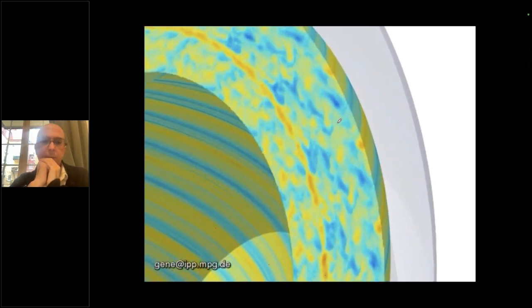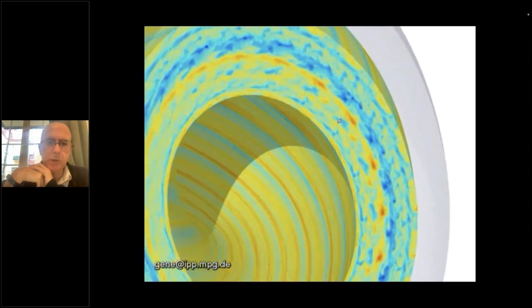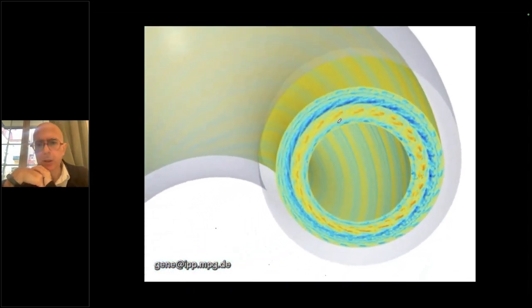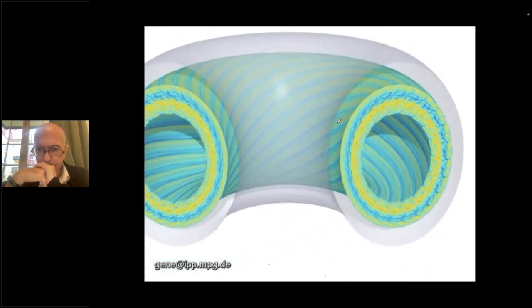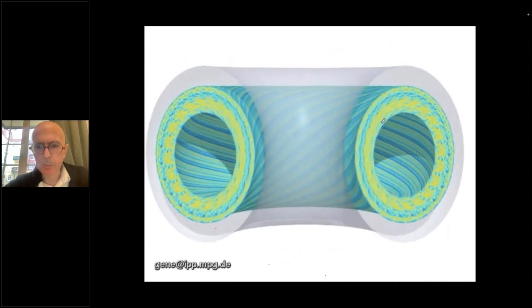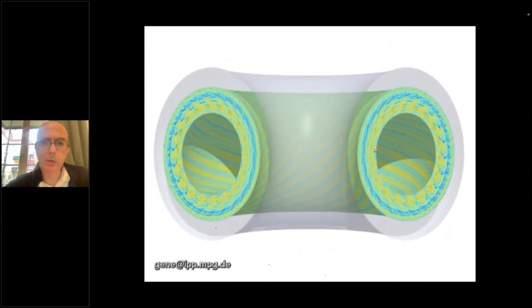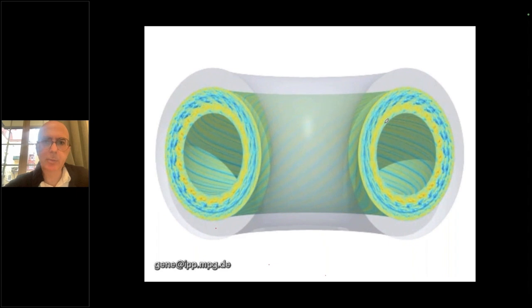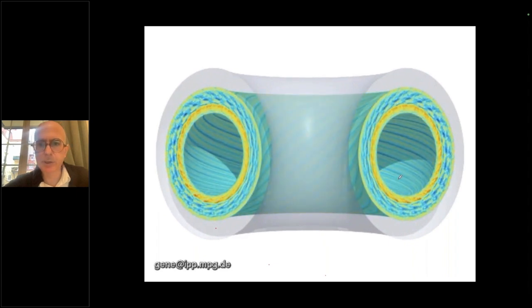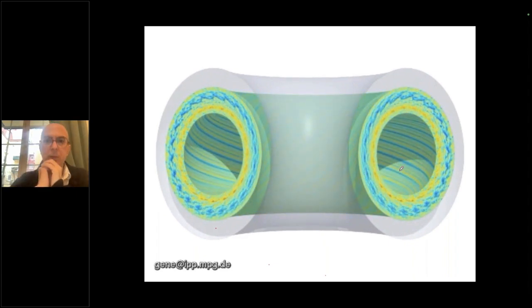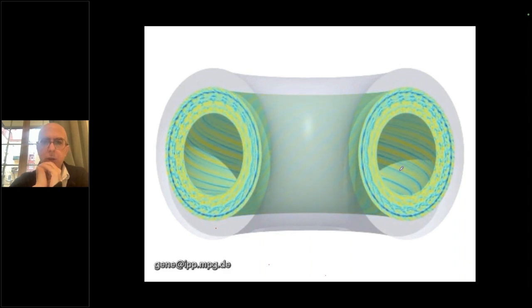It is still kinetic, so we are modeling the distribution function at very high accuracy, but introducing an approximation that is very valid in the presence of the very strong magnetic field in the tokamak, called gyrokinetic.